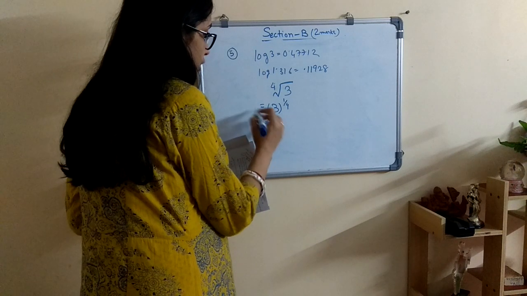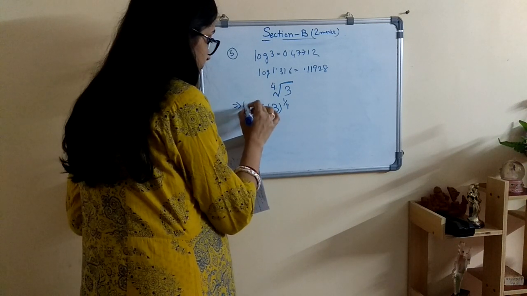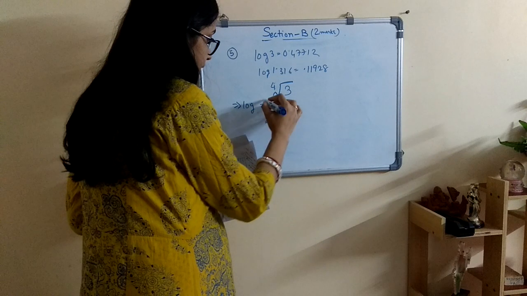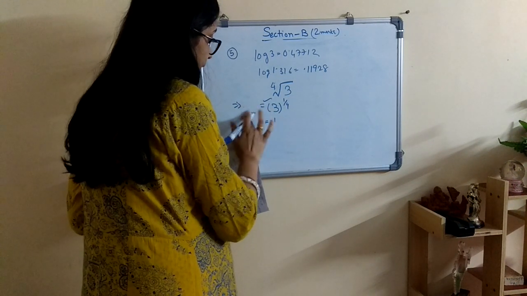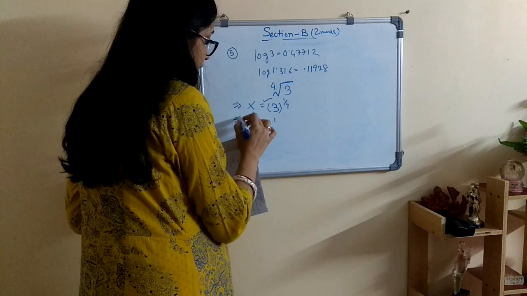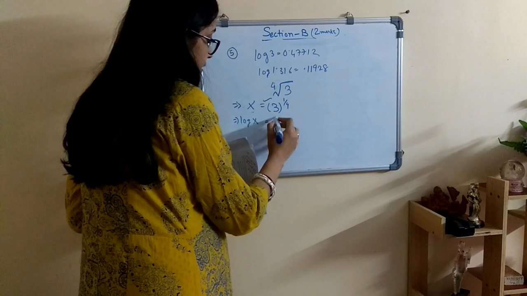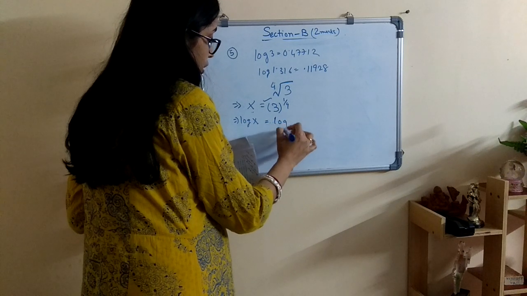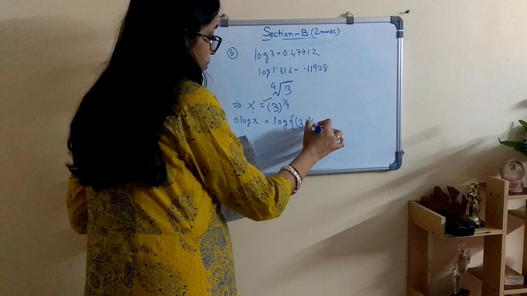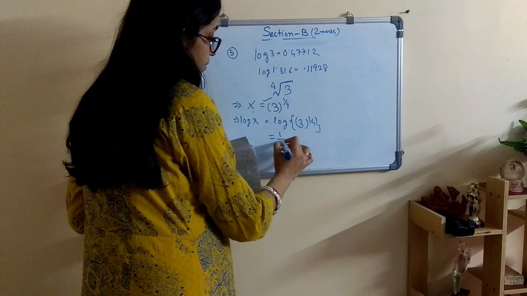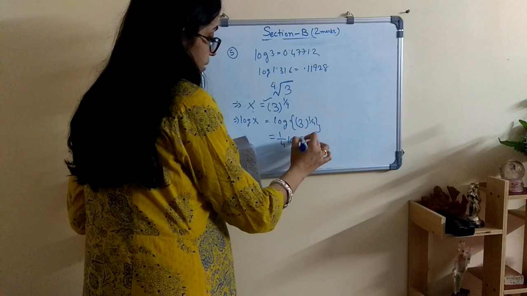So now if we take log of this number, we have to assume any number, then we take log x equals log 3 to the power, and the power comes in the product form like this.